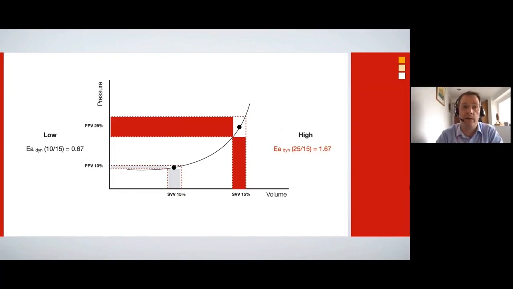So EA-Dyne, or PPV divided by SVV, is 25 over 15, which is 1.67. In this patient, when we give fluid we will increase stroke volume because they are preload responsive, and they also increase their blood pressure. So what EA-Dyne tells us, in preload responsive individuals, is whether giving fluid will increase blood pressure or not in that individual.